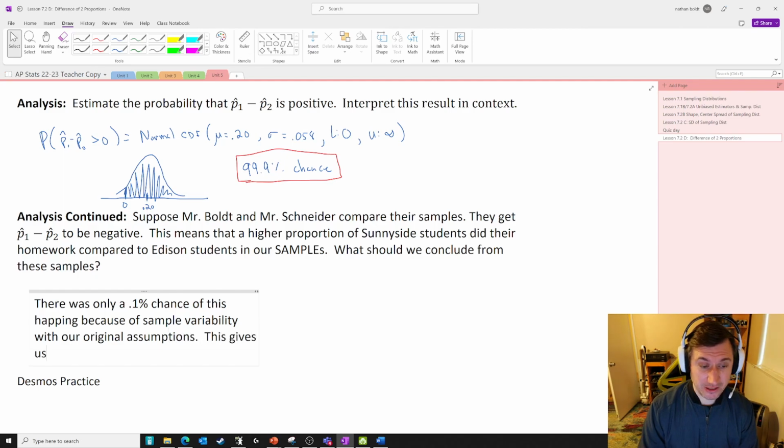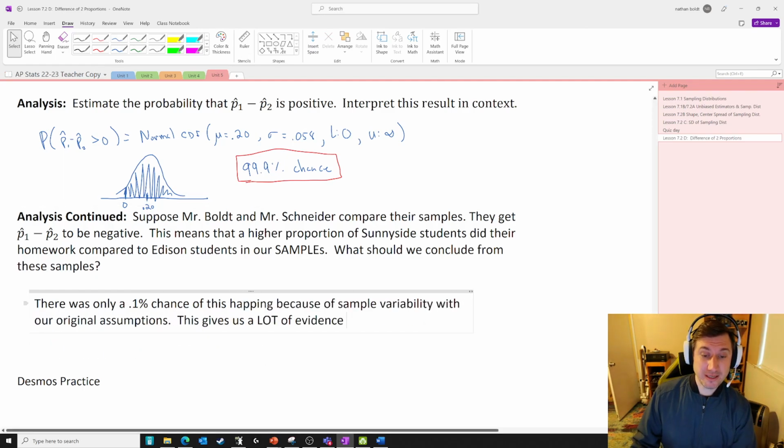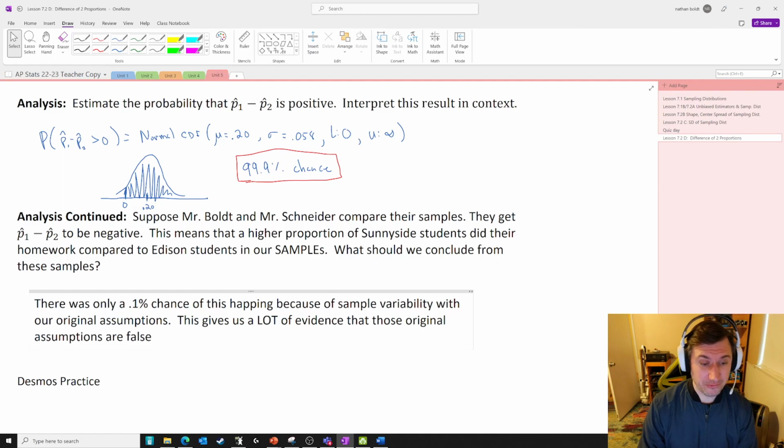This gives us a lot of evidence that those original assumptions are false. That whatever the difference between Edison and Sunnyside are, it's not 0.20.